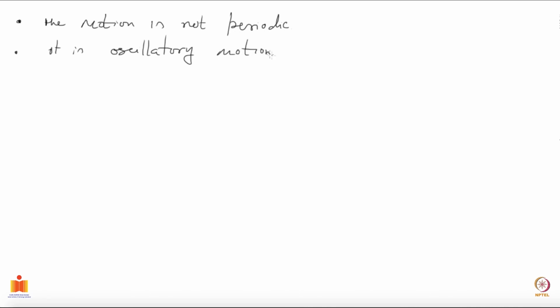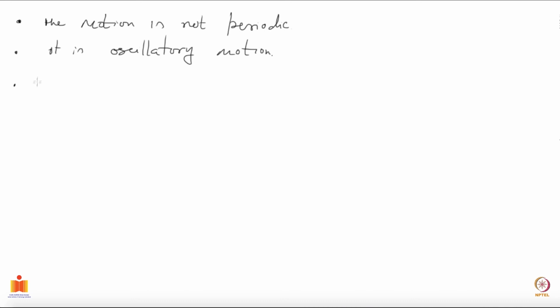Let me write these two things down. In this case where I have damped oscillations, I do have oscillations, but it is not periodic. So the motion is not periodic. The oscillator never returns to its original location because of that exponential damping factor, but it is oscillatory motion.